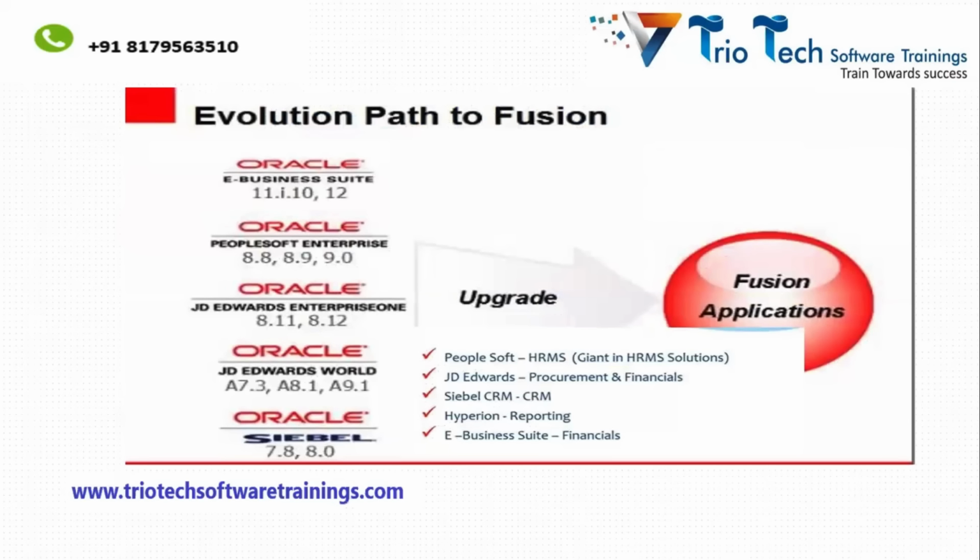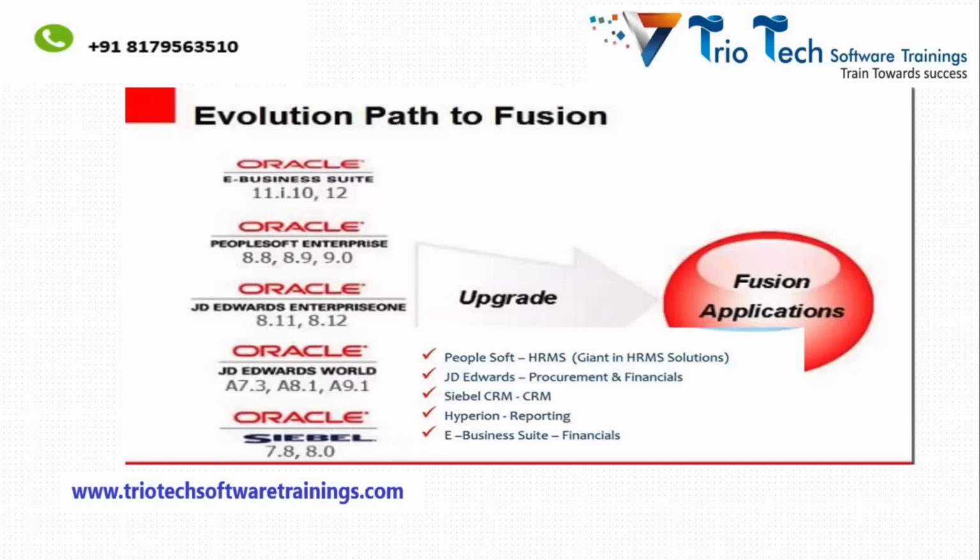Now, this is the evolutionary path that Oracle as an organization, and the Fusion applications, have taken over a period of time. You can see here some of the examples I mentioned earlier. Over a period of time, they acquired many ERP software products to have the benefit of the leading functionalities of the respective ERPs in the market.